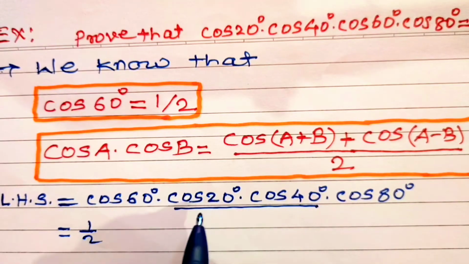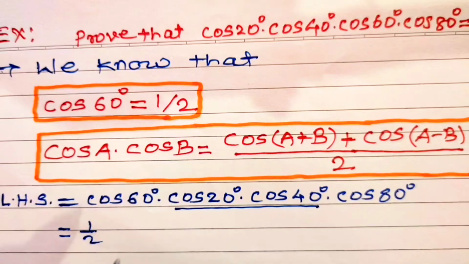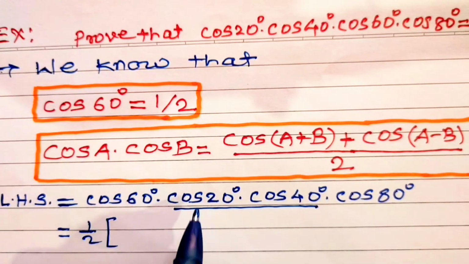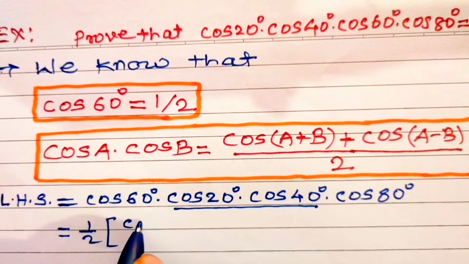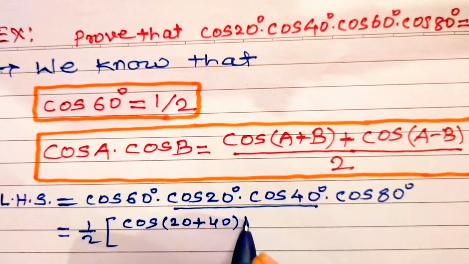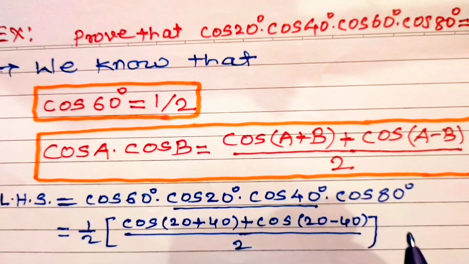For this multiplication of cosine functions, we have to apply this formula. So into bracket, A is 20 suppose and B is 40 suppose. Then cos of 20 plus 40 plus cos of 20 minus 40 divided by 2. And this cos of 80 degree, keep this as it is.